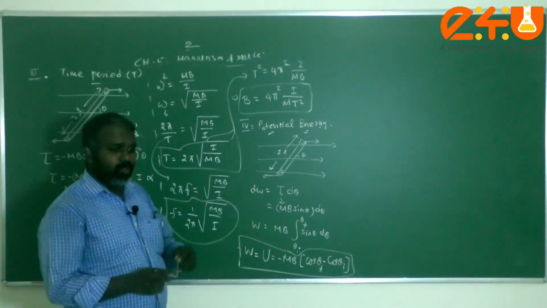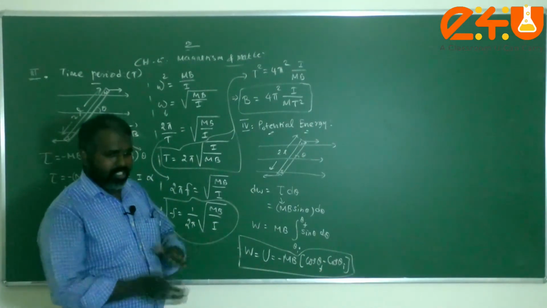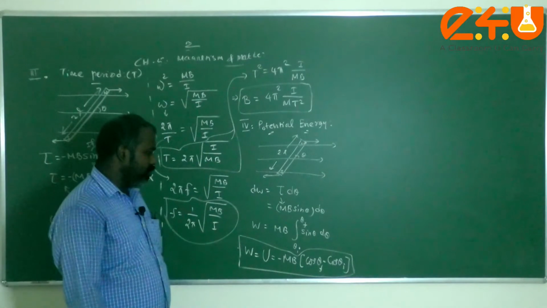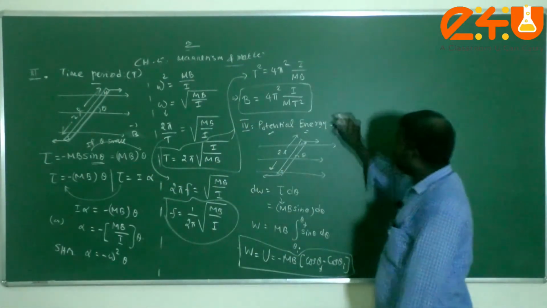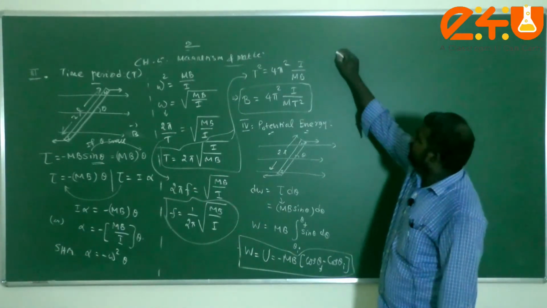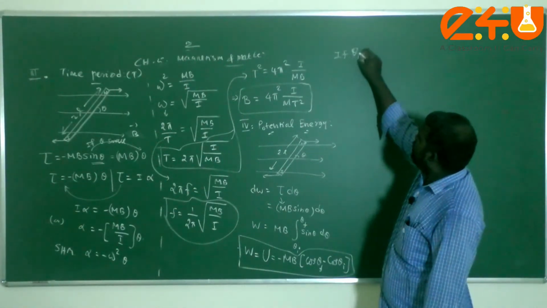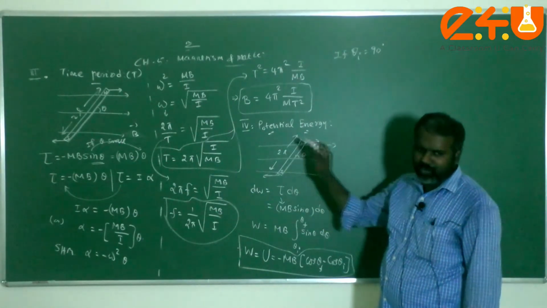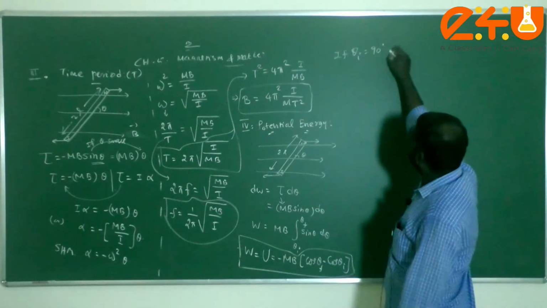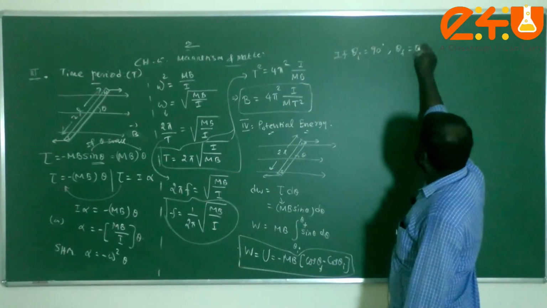In some cases only one angular position of the magnetic dipole is used. For that, let us consider theta initial to be 90 degrees, that means initially the dipole is perpendicular to the magnetic field. From that position, it is rotated to some angle theta.